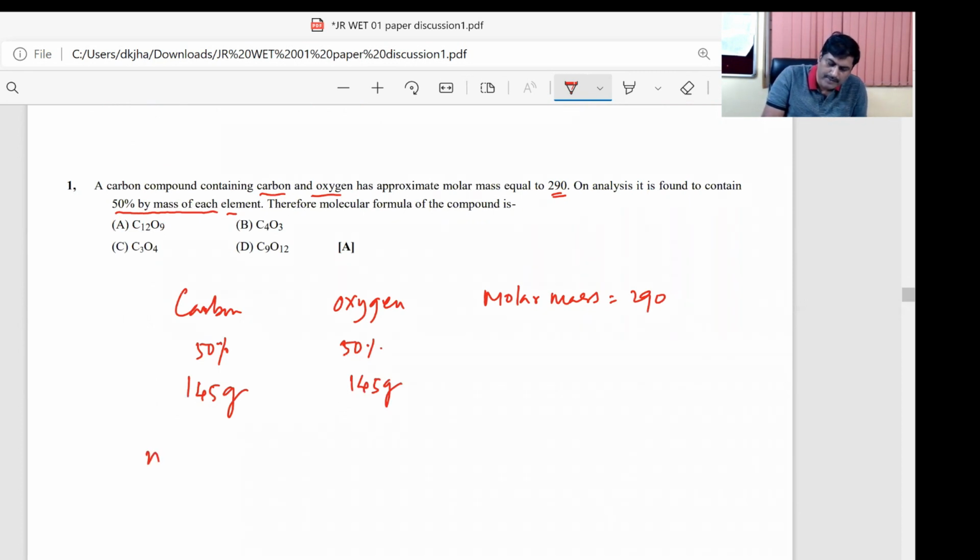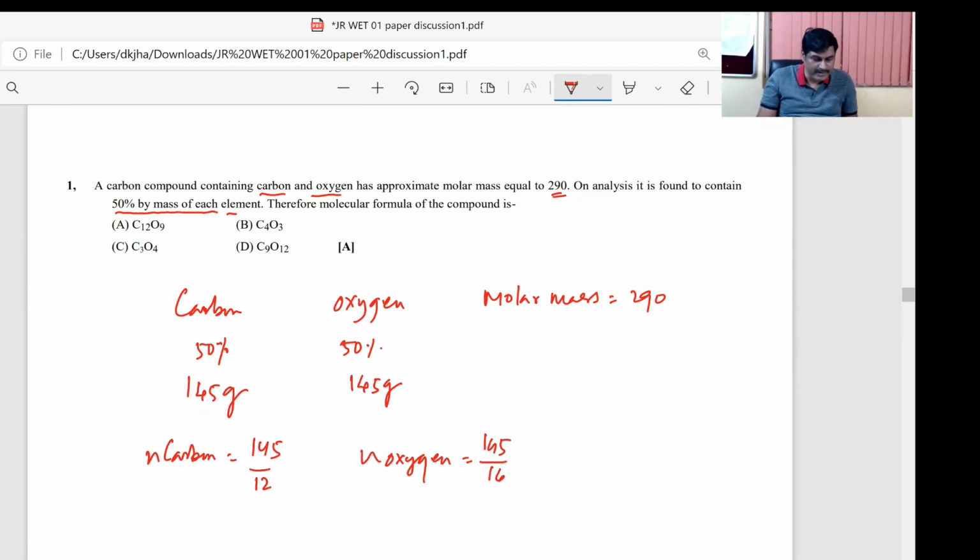So how many moles of carbon? n of carbon is equal to 145 divided by 12. 12 twelves are 144. And the number of moles of oxygen is equal to 145 by 16.